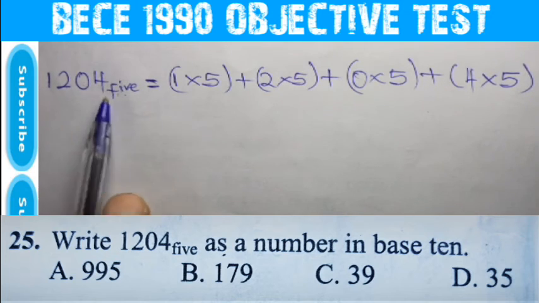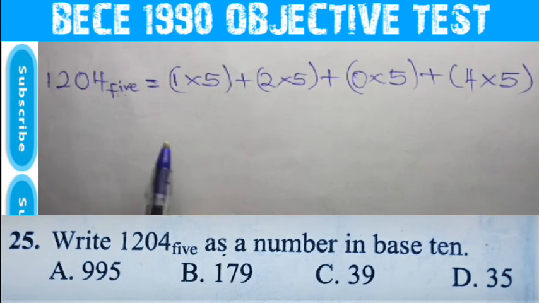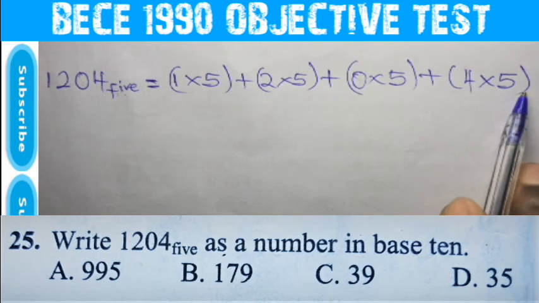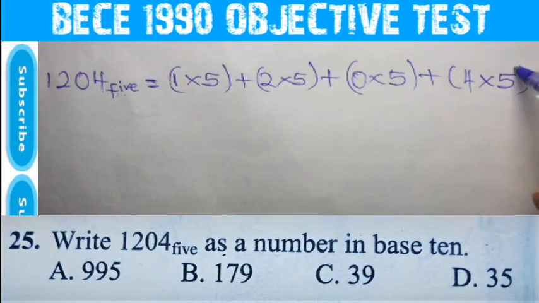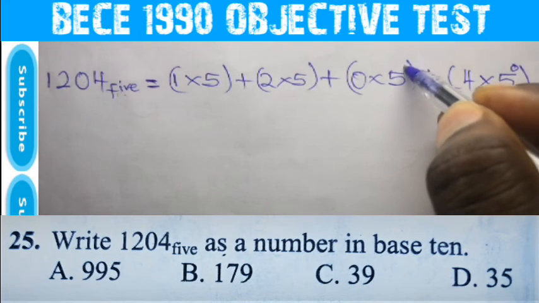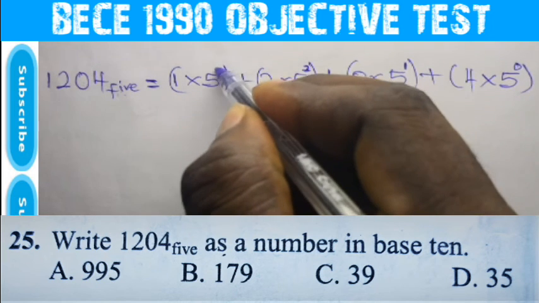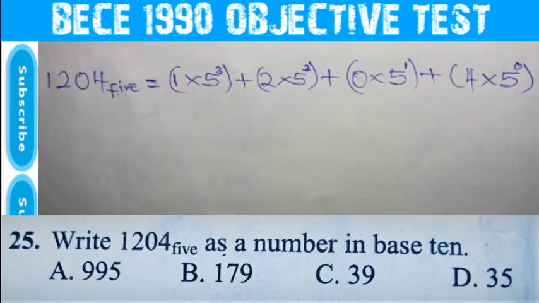Since 4 is the last number, the powers will increase beginning from the right hand side to the left. So we begin with the powers of the base starting from 0. Then here, the base will take a power of 1, the base will take a power of 2, and then the base will take a power of 3.